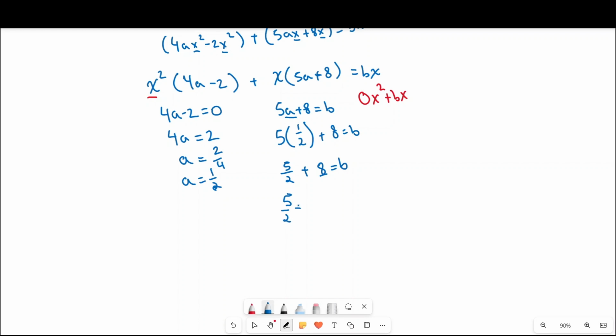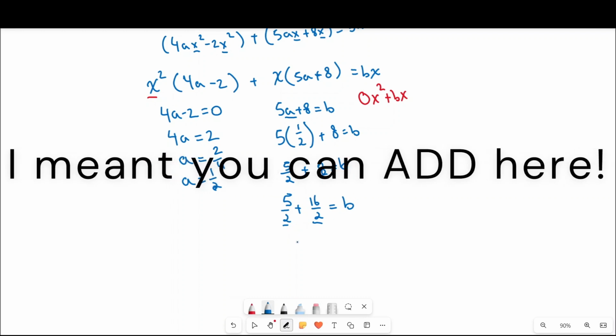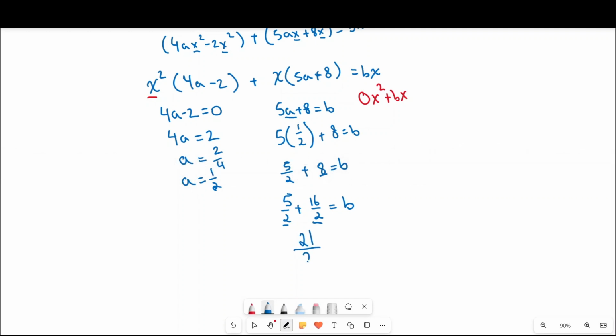So 5/2 plus 16/2 is equal to b. Since these two have the same denominator, we can add the numerators and keep the denominator to get the new value for b. 16 plus 5 is 21 over 2, which is equal to b.